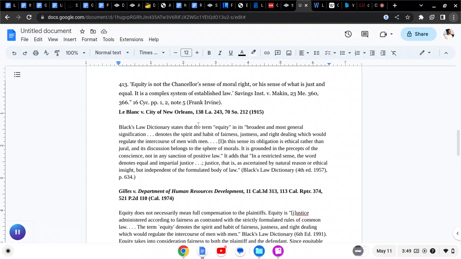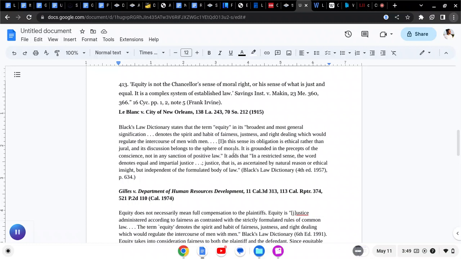Black's Law Dictionary states that the term equity, in its broadest and most general signification, denotes the spirit and habit of fairness, justness, and right dealings which would regulate the intercourse of men with men. And they're not talking about sex. They're just talking about doing business. In this sense, its obligation is ethical rather than jural, and its decisions belong to the sphere of morals.